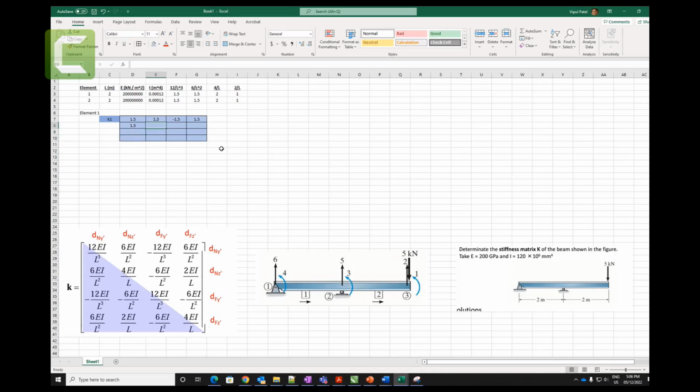So good. Equal to 4 on L. 4 on L. Minus 6 on L square equal to minus 6 on L square. 2 on L. Positive. 2 on L.